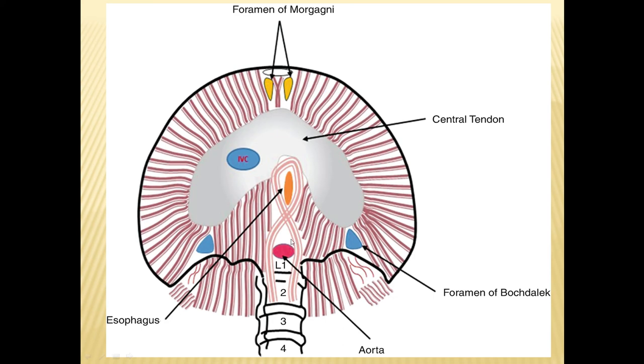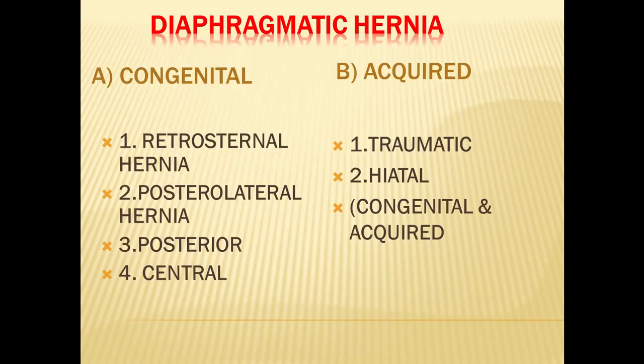The knowledge of these foramens is very important because it can be pathological. How? A very important point. Hernia. Diaphragmatic hernia. It can be of two types, congenital as well as acquired. The congenital type has four subtypes.